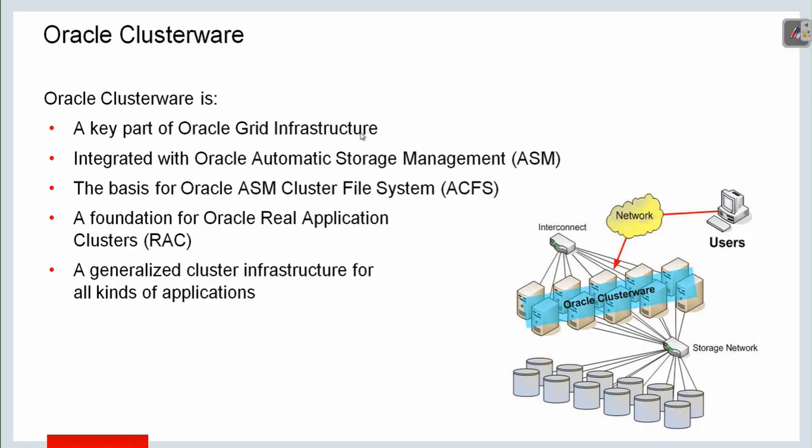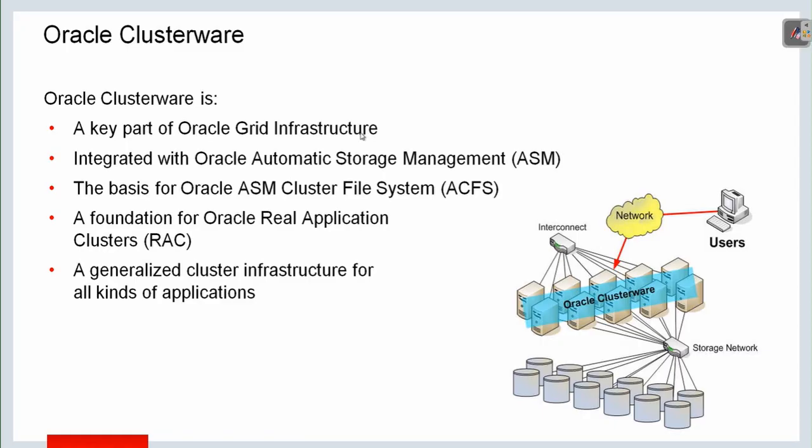And one thing we have to know: Oracle Clusterware provides high availability and also management functions for the resources running in the cluster. Especially, RAC is one of the applications running on a cluster. But RAC is not the only application that can be protected by Oracle Clusterware.